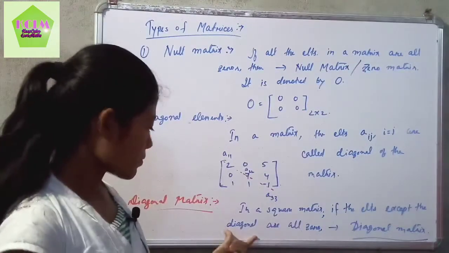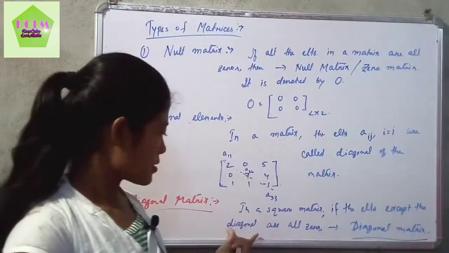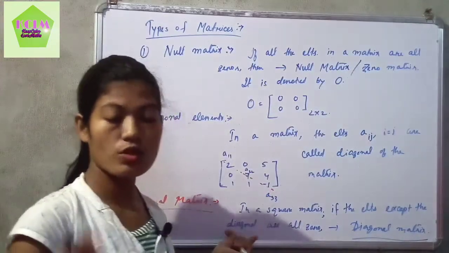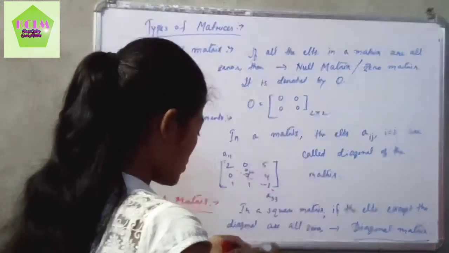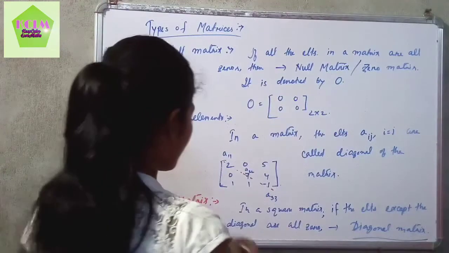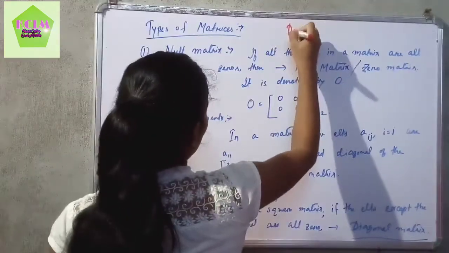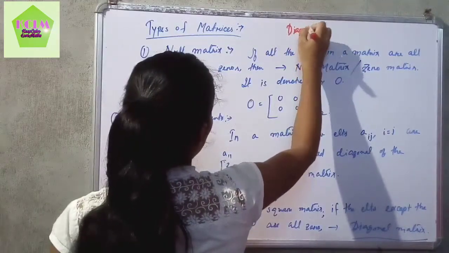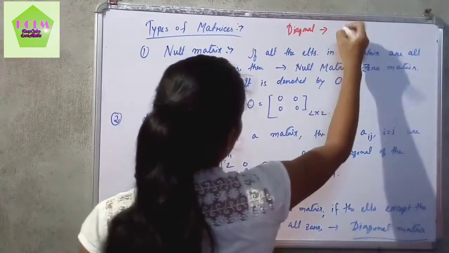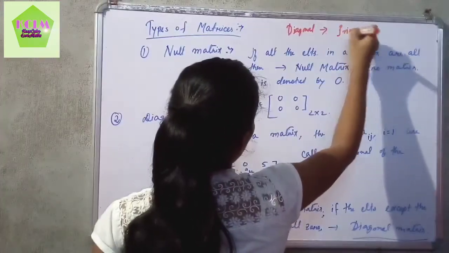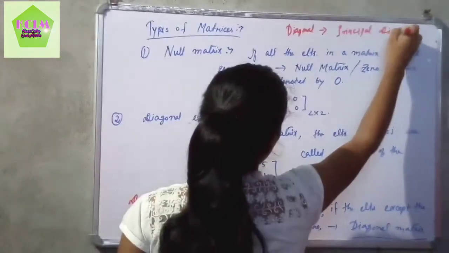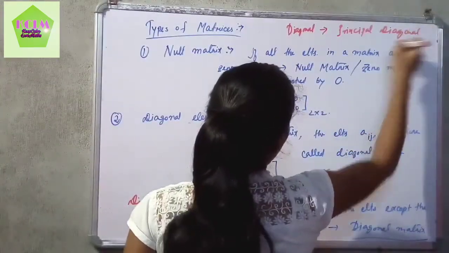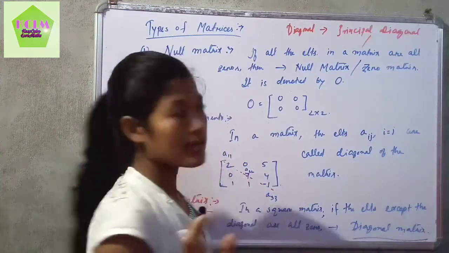Now, I would like to tell you that in a matrix, the diagonal is also called the principal diagonal, and also called the leading diagonal.